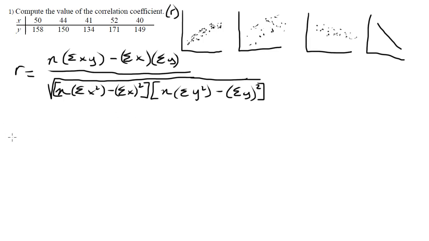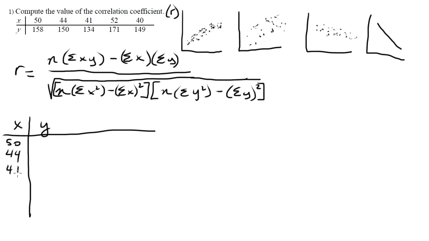So essentially, I'm going to rewrite these values in a vertical format. So I have x, I have y. I have 50, 44, 41, 52, 40. Those are my x values. My y values: 158, 150, 134, 171, 149.